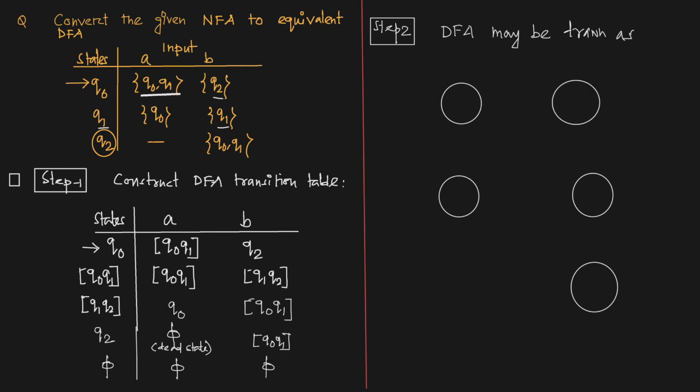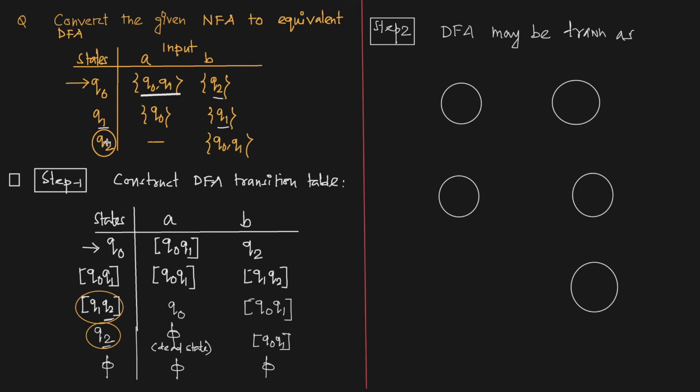In the NFA transition table we see that Q2 is the final state, so wherever Q2 is present will be a final state. So here we see that these are our final states for the DFA.